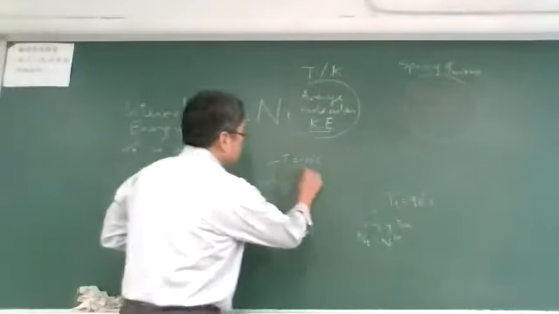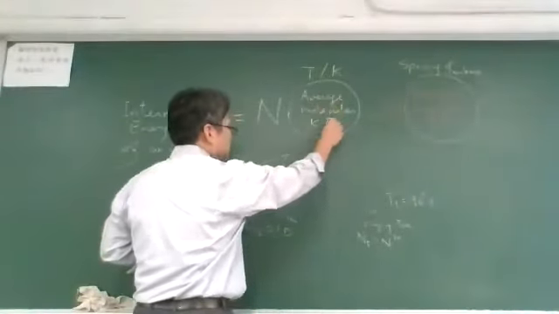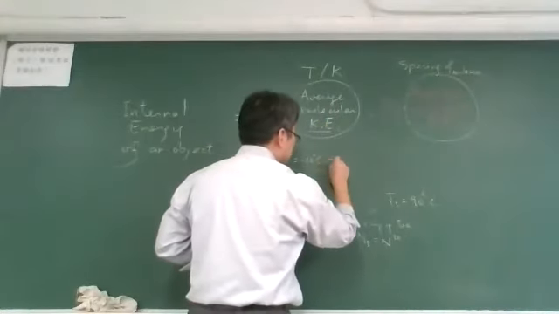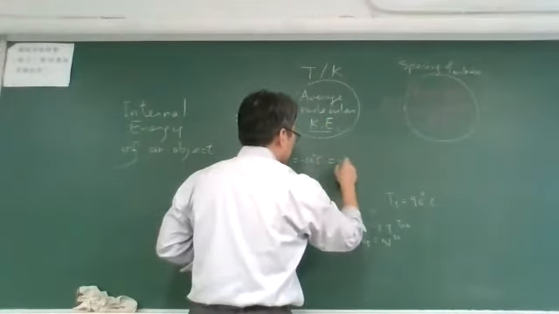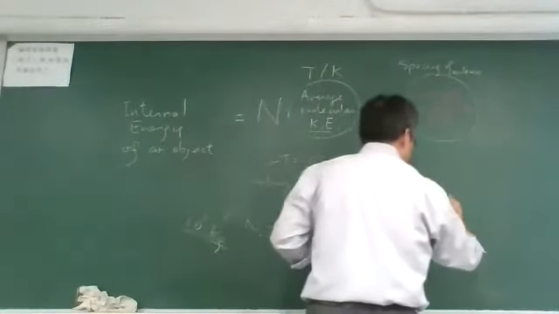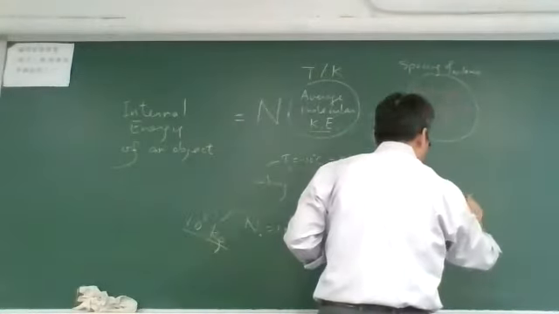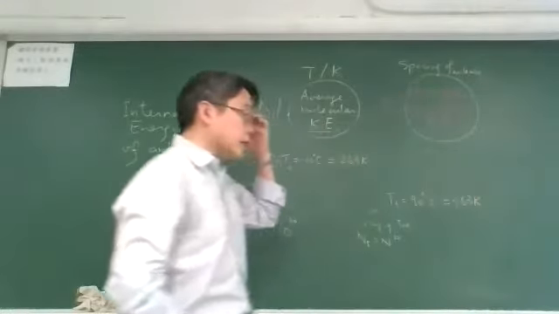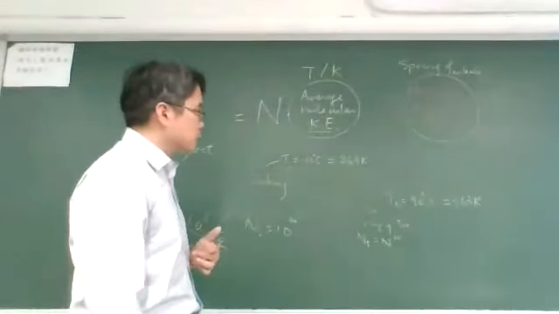And so the average molecular KE, which is related to temperature, is 263 K for the iceberg and 363 K for the tea. Change it into K first.